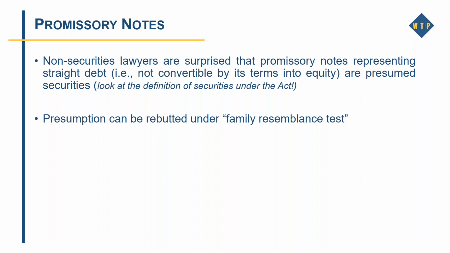How does the public at large perceive this financing? And the other factor under the family resemblance test is whether or not another regulatory framework exists outside of securities law that kind of serves the same objective. It's protecting the person who's lending the money.